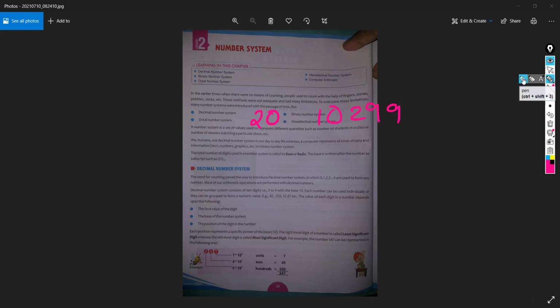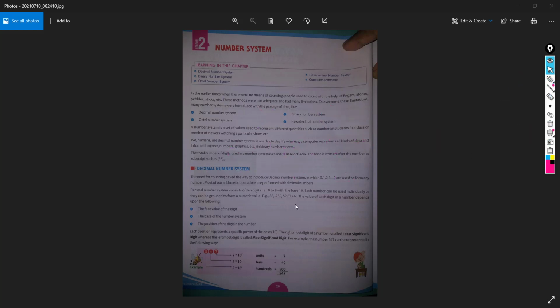We are using digits such as 0, 1, 2, 3, 4 till 9. If we count these digits, the total number will be 10. So we can say the base or radix of the decimal number system is 10.